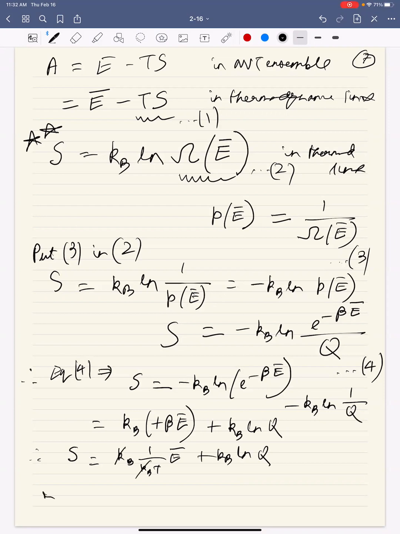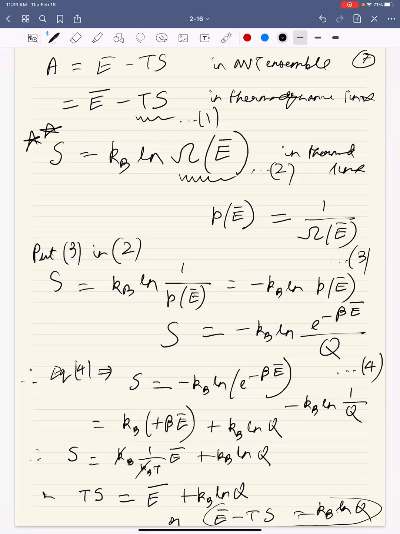T can be taken to the left side. This becomes TS is equal to E bar plus KBT ln Q, or E bar minus TS is equal to KB ln Q. And that's what we wanted to show. Correct?